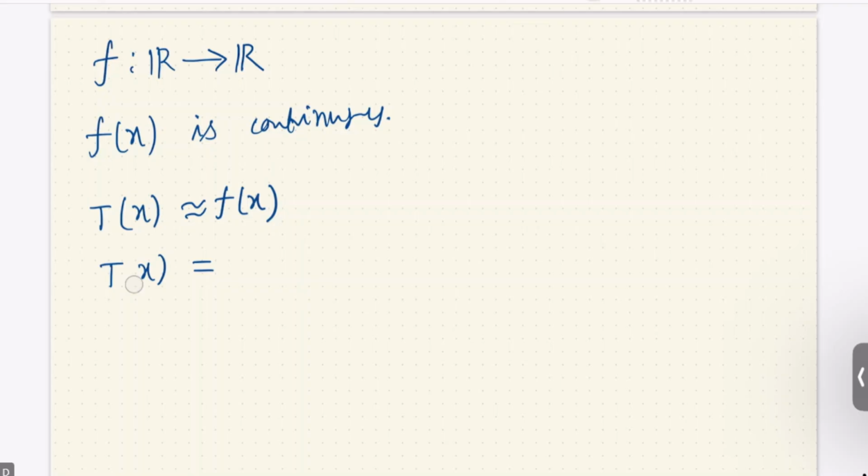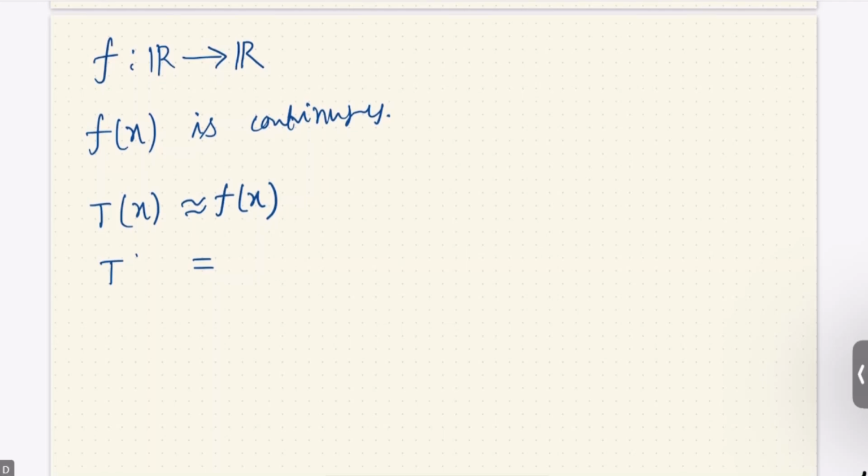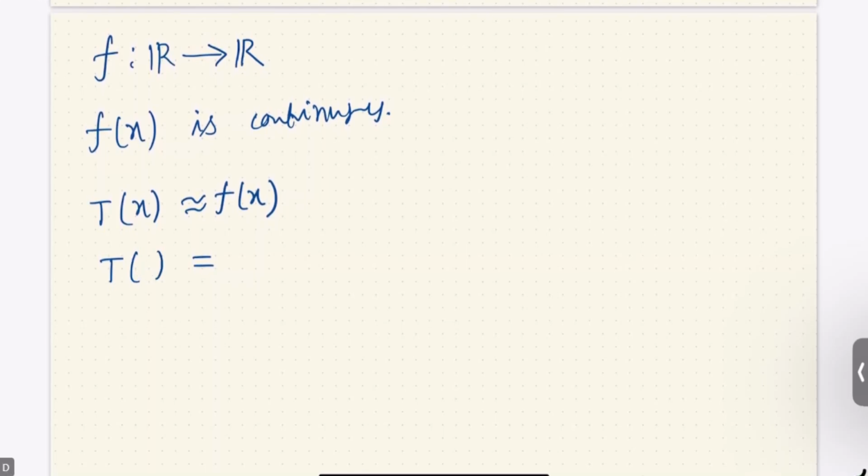To explain, I am mentioning zero, which means I have not written x minus a, which would be a expansion around a point a. I am just doing it around zero.